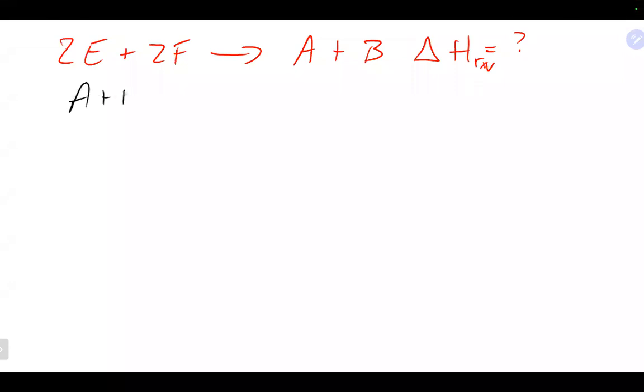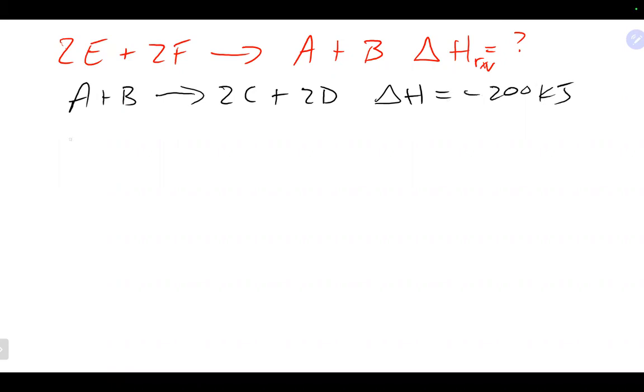So we'll do A plus B goes to 2C plus 2D. Delta H here is going to be minus 200 kilojoules.